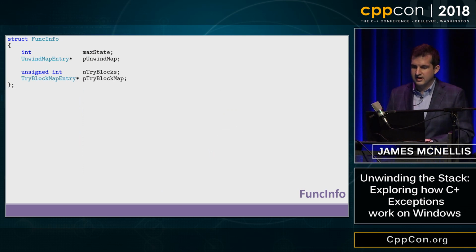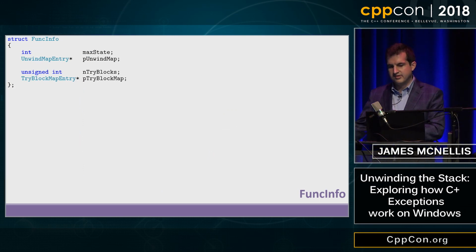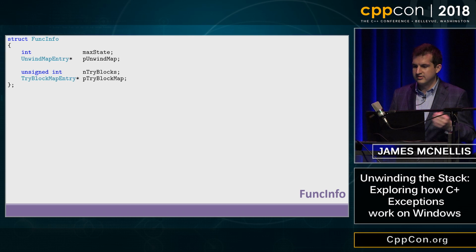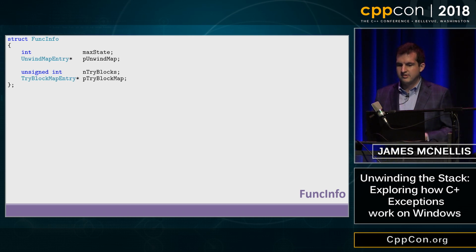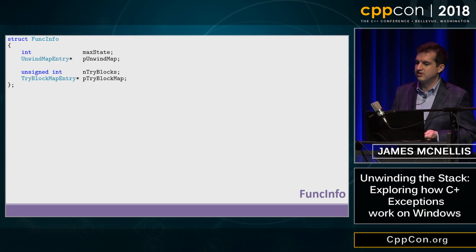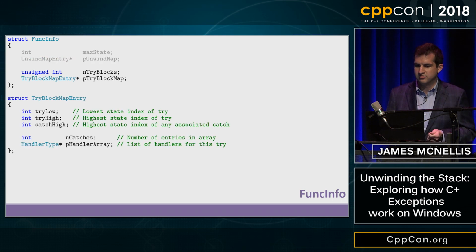For structured exception handling, we had a scope table. For C++ exception handling, we have something similar called a funcinfo. And it contains two things. The first is an unwind map, which maps all those state indexes to the sets of destructors that need to be called during an unwind. And the second is the try block map, which contains information about all of the try blocks in the function.